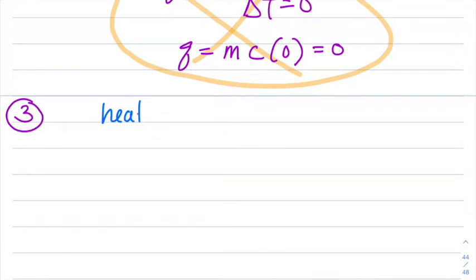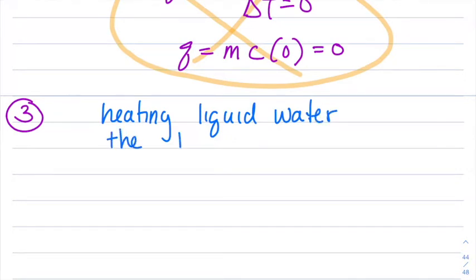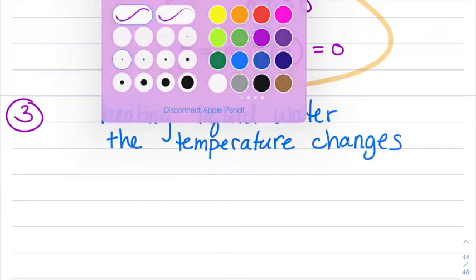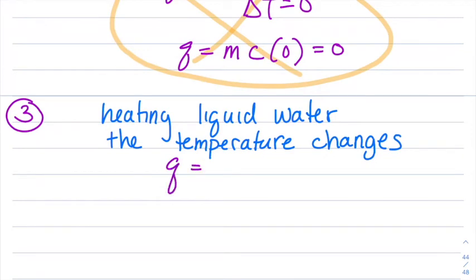So we are heating liquid water. So again, the temperature changes. And because the temperature changes, we're going to be able to use Q equals MC delta T.